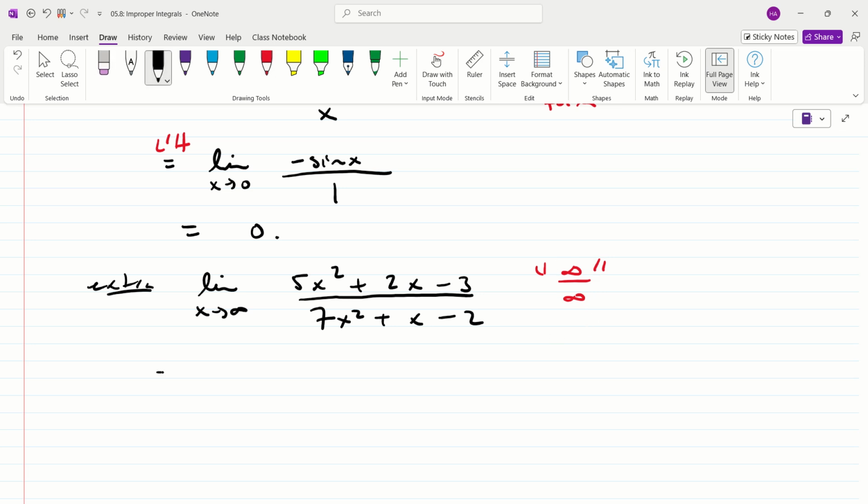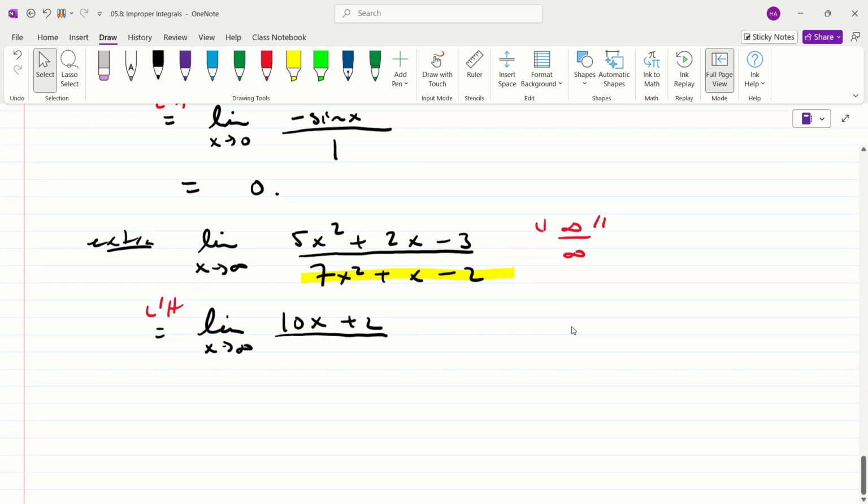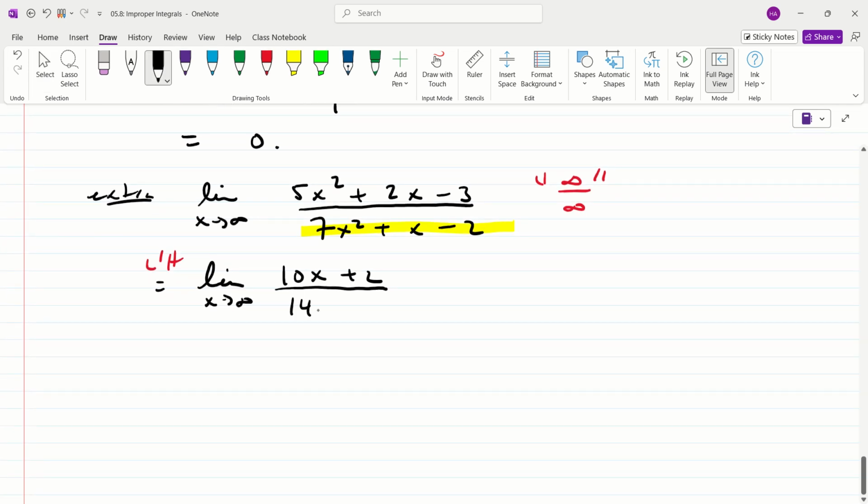So we can apply L'Hopital's rule, and this becomes the limit as x goes to infinity of the derivative of my numerator. That gives me 10x plus 2. On the bottom, taking the derivative of that denominator, you have 14x plus 1.